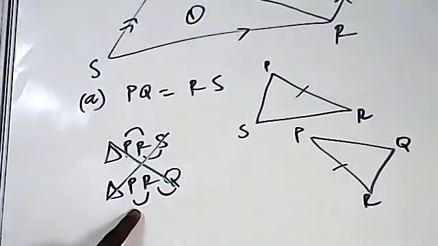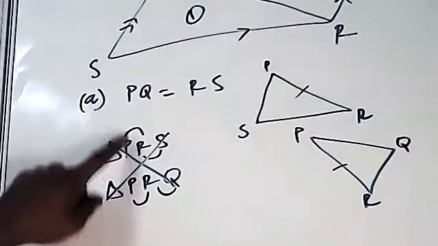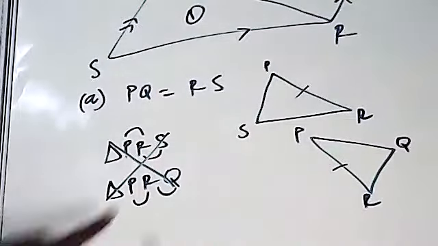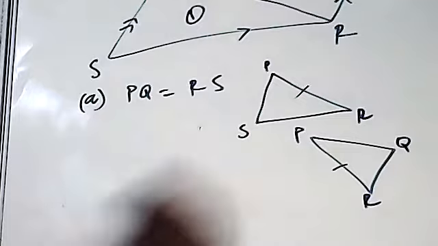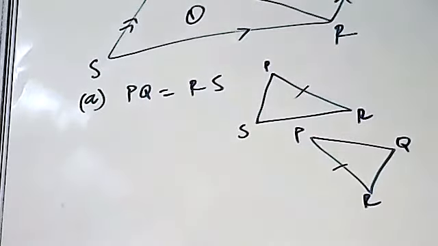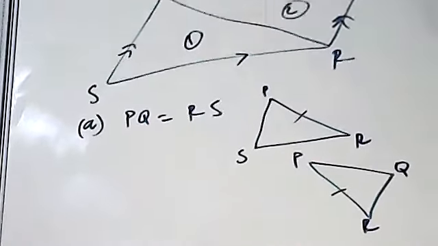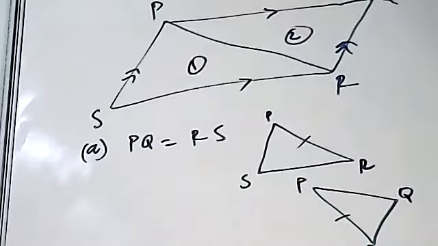Yes, we started with the common side, which is PR, but it only gave us that side. It is failing to give us the other sides. So how do you maneuver this? You simply go to the diagram that you're given, and PR still has to be equal to PR because it is the same side.